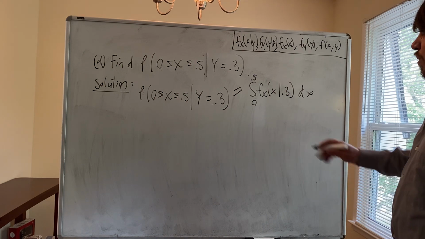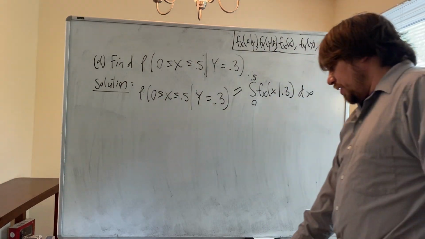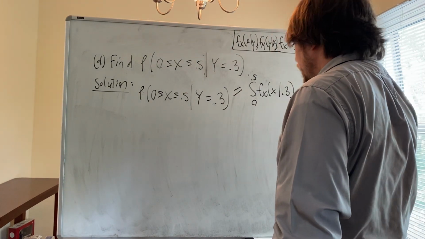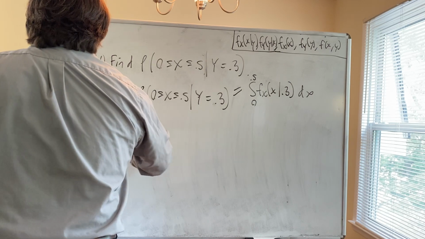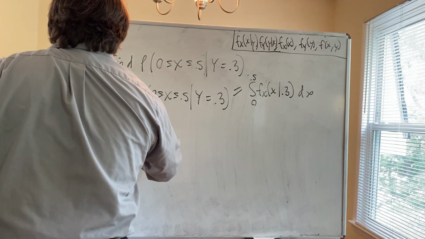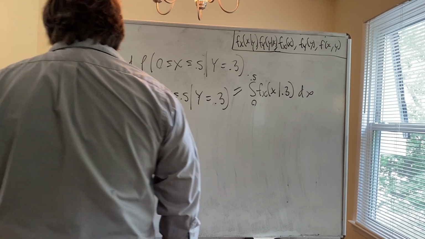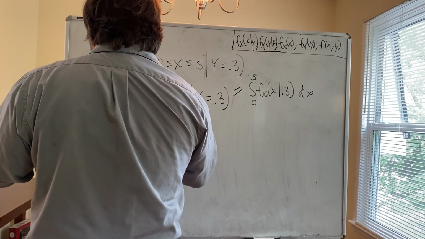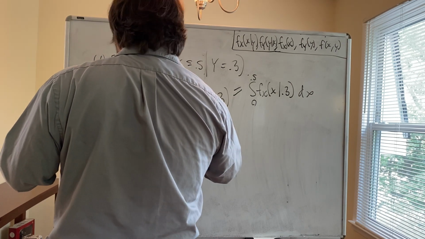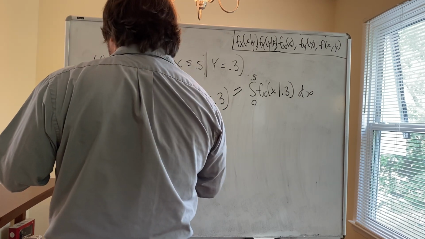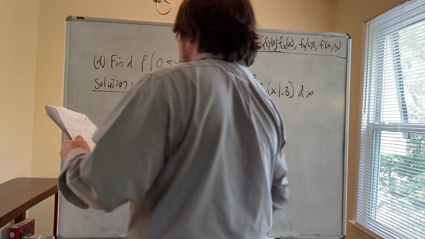And so what is f sub x of x given y? Right? So that function is f sub x of x given y naught. We said before, in this problem, we found that this was equal to 2x plus 3/2 y naught over 1 plus 3/2 y naught.